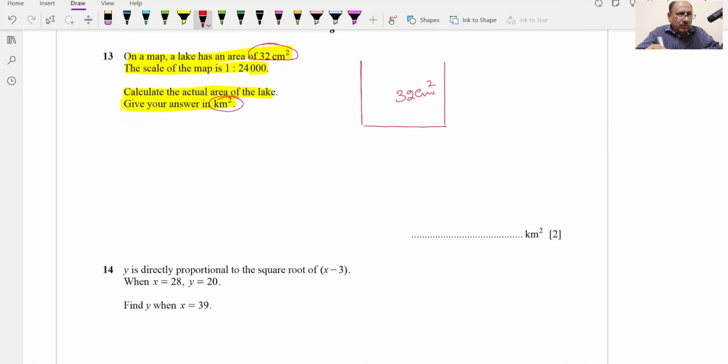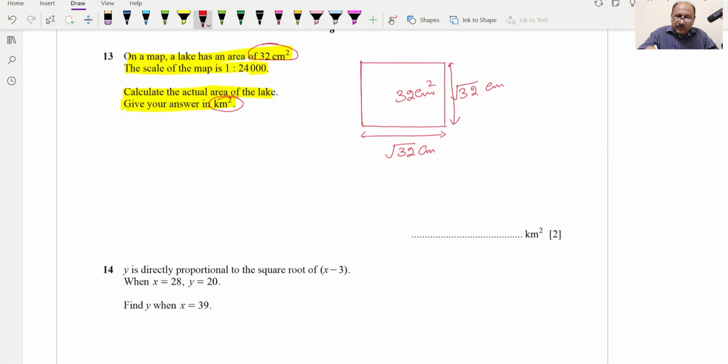So this is almost square, and this is 32. Okay, so each side is equal, so this side we can take as square root of 32 centimeters, and this side is also equal, so we can take square root of 32 centimeters.